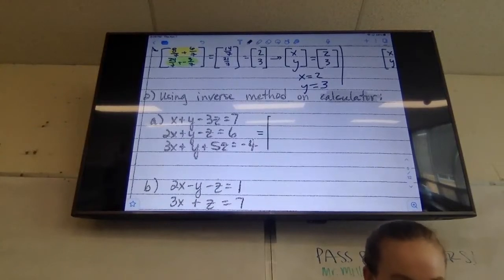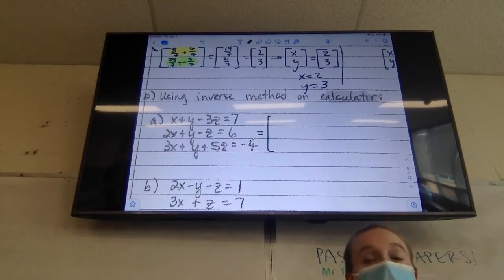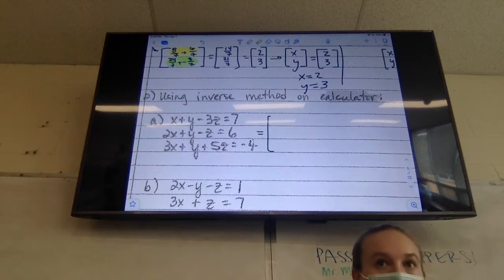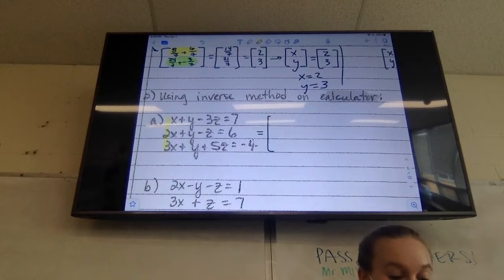What's my coefficient matrix gonna be here? Let's just do columns. What's my first column gonna be? Column, not row. The first column is gonna be all my x's, so I'm gonna write 1, 2, 3.